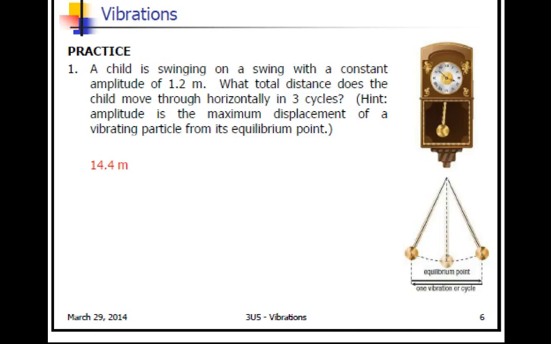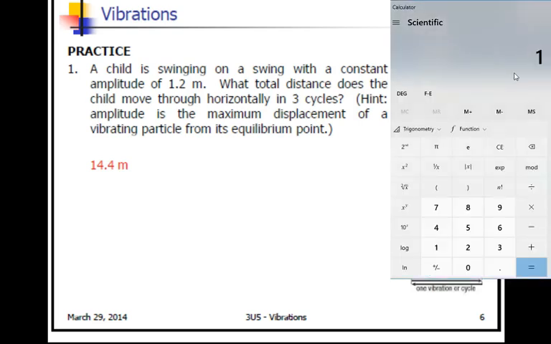So a forward, back, and then back to equilibrium is a cycle. That means that for each cycle, we have 1.2 meters times 4. That's the distance we travel in each cycle. We then multiply that by 3, and we have the distance traveled in 3 cycles, 14.4 meters.